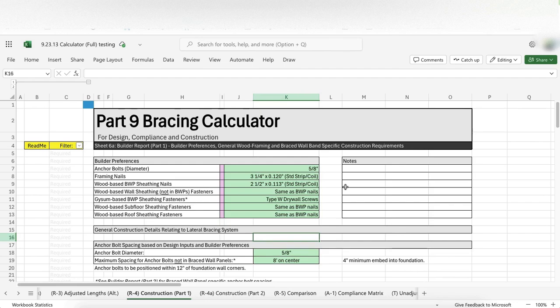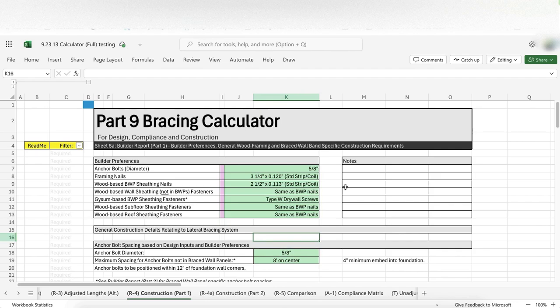Common hand nails, generally speaking in terms of framing, are usually a heavier gauge or heavier diameter than nails that might be typically used by framers who are using pneumatic nailers.